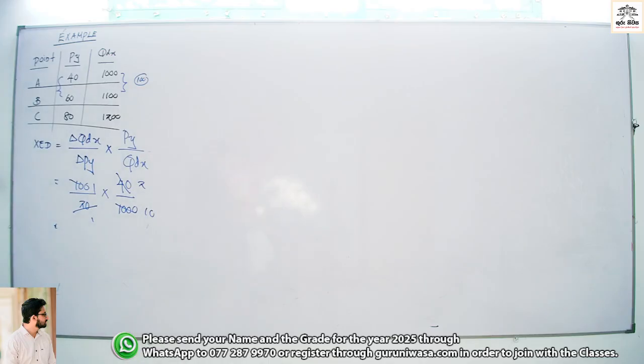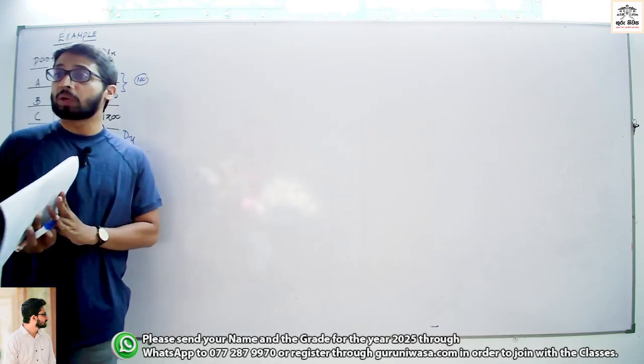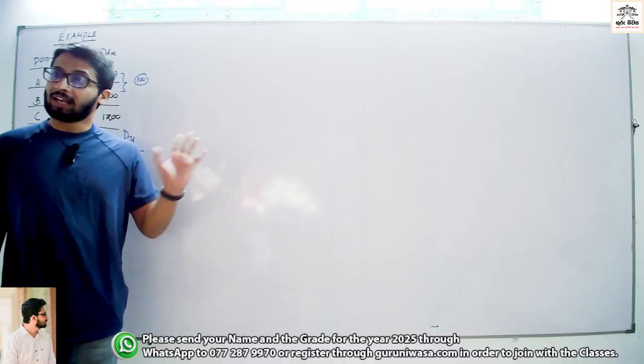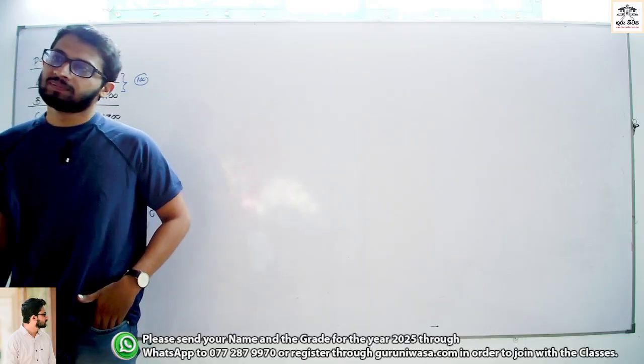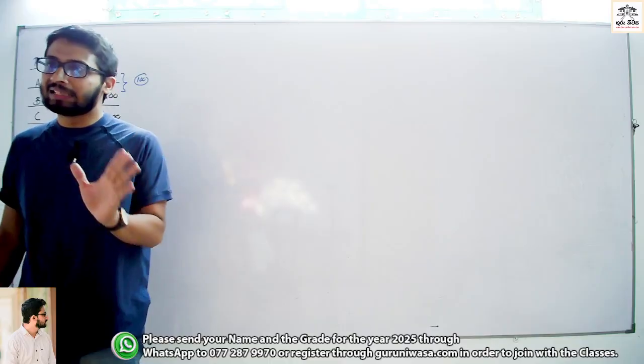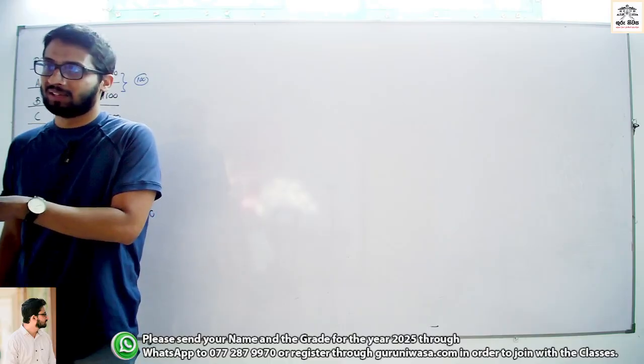0.2, right. Is it positive or negative? Positive. Remember, in cross price elasticity of demand, the sign is so important. Like income elasticity of demand. But PED is usually negative.